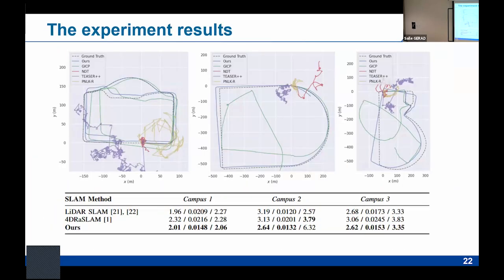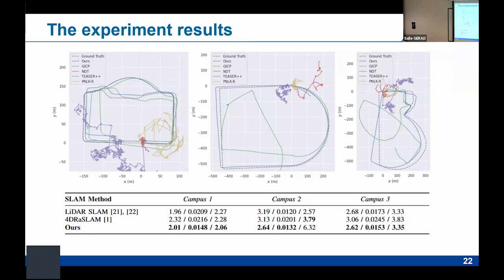Then we tested on a real vehicle. This is based on our own open data set. This is our building. We just take a tour, and you can see that ours has smaller errors.